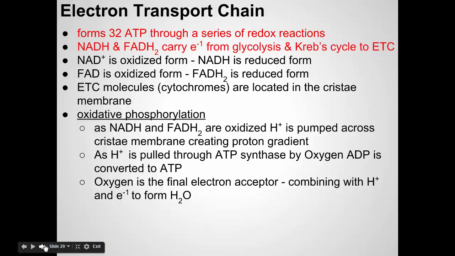And those two molecules are very important, NADH and FADH2. They are the molecules that can carry these electrons from glycolysis and from the Krebs cycle to the electron transport chain.